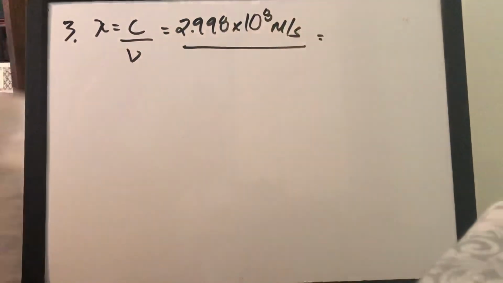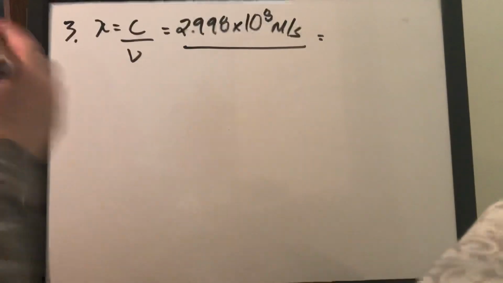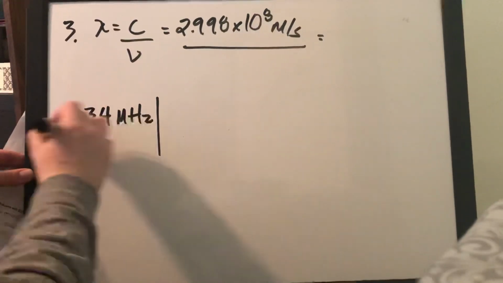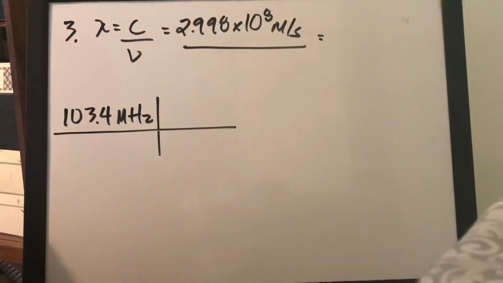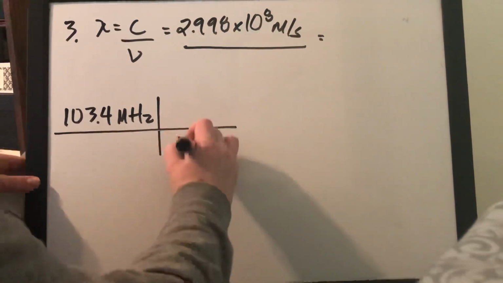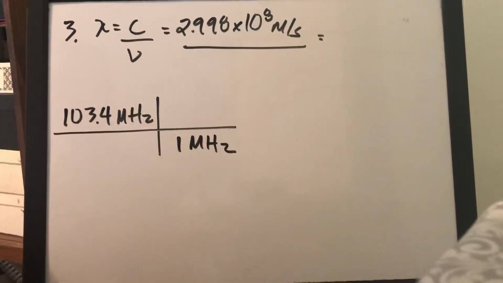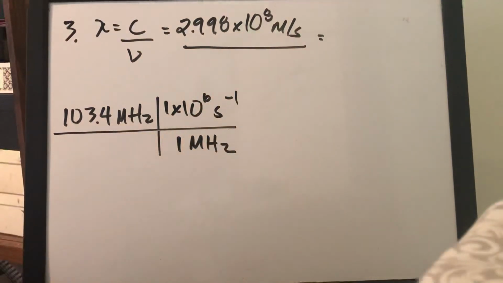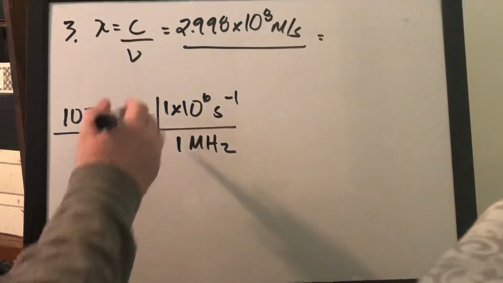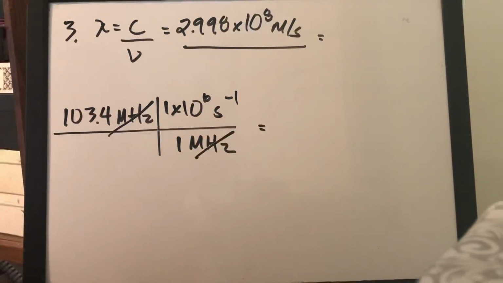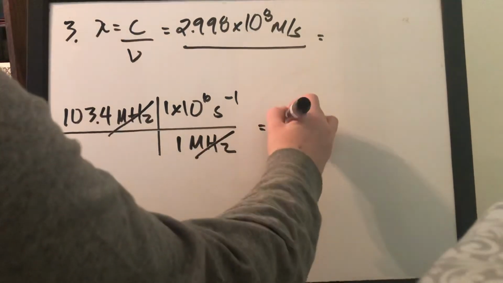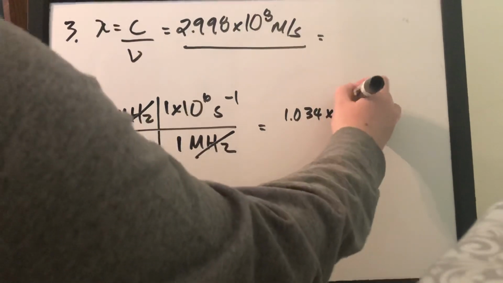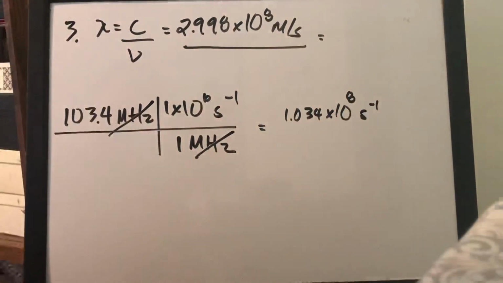They're giving me this unit I haven't seen before, which is a megahertz, but it's okay because they give me a conversion factor, which says that 1 megahertz is 1 times 10 to the 6th seconds to the negative 1. So it's fine because they gave me a conversion factor. So I changed that, end up here with 1.034 times 10 to the 8th seconds to the negative 1.